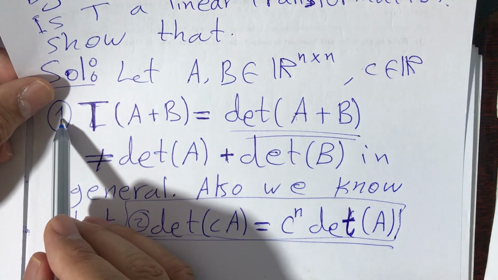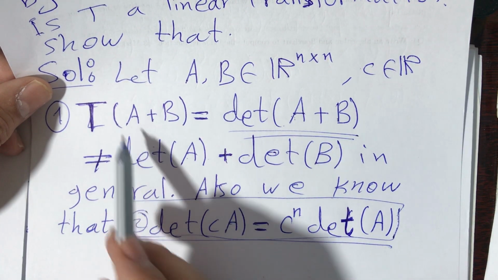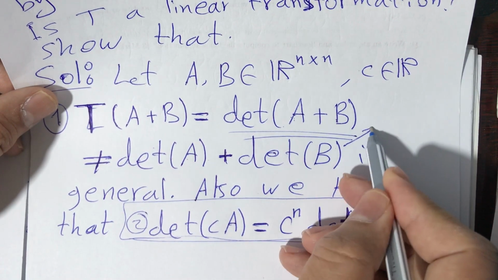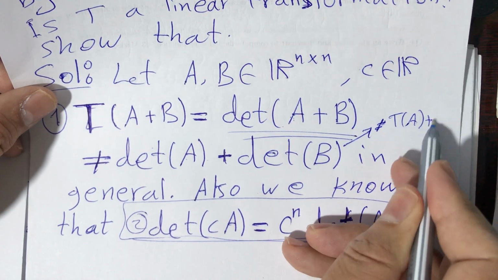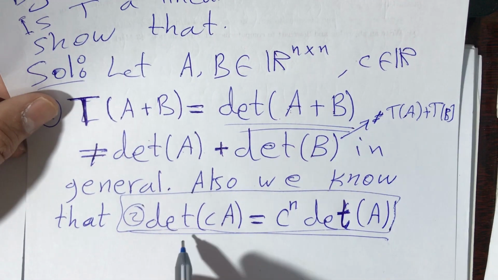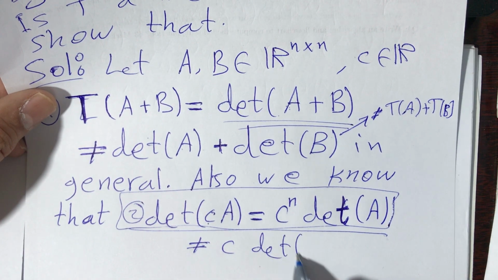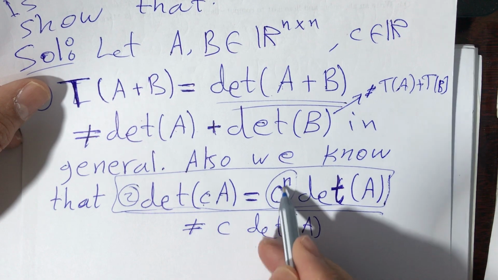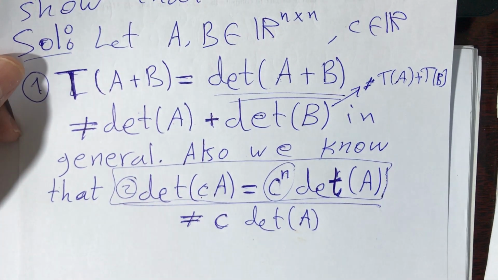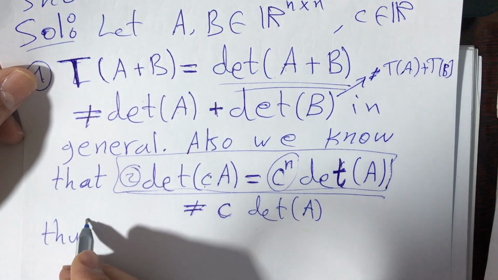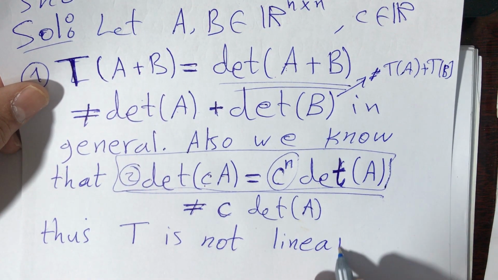In the first condition, we didn't get equality; this is not equal to T of A plus T of B. And here also, the determinant of cA is not equal to c times the determinant of A, because it is c to the power n times the determinant of A, not c times the determinant of A. Thus T is not a linear transformation.